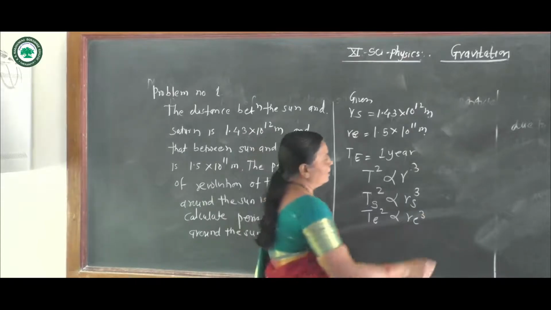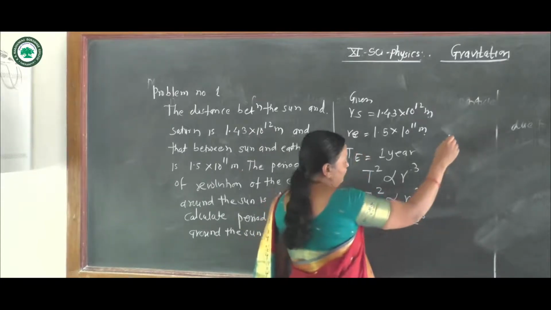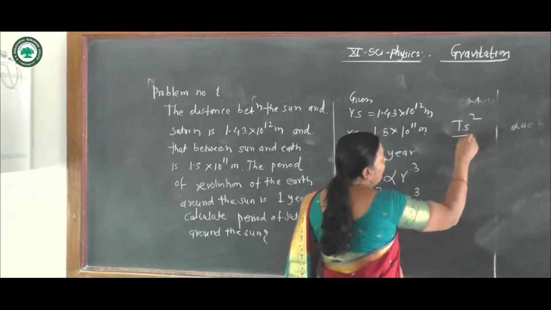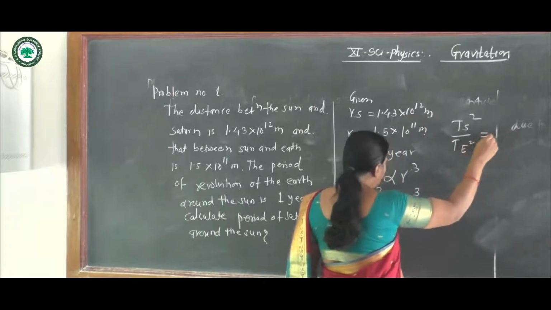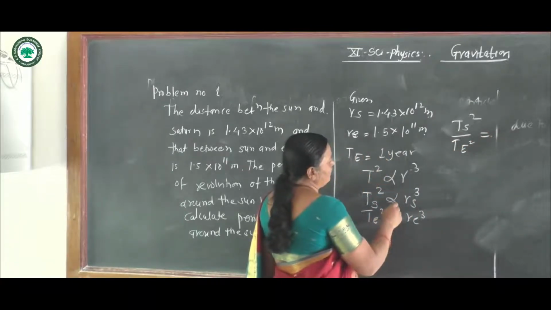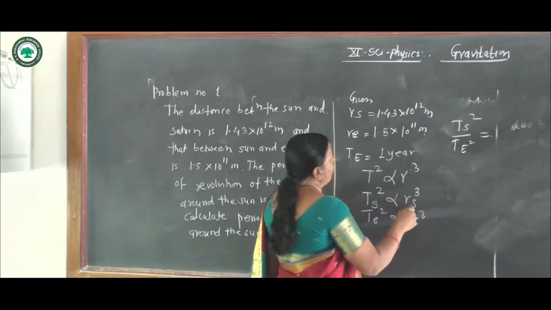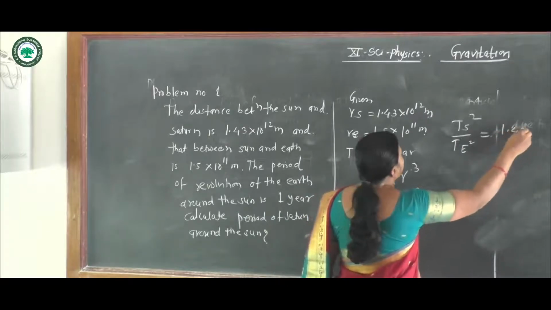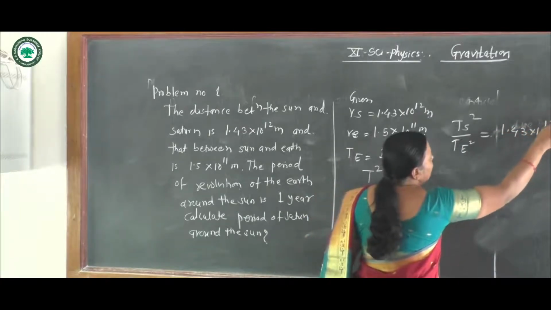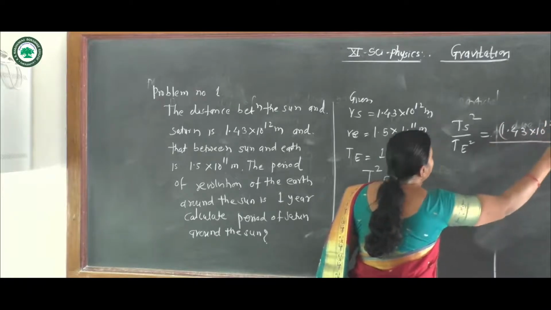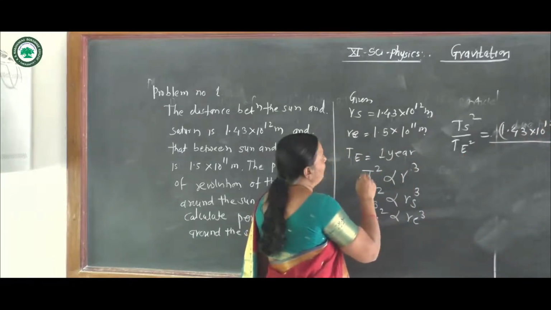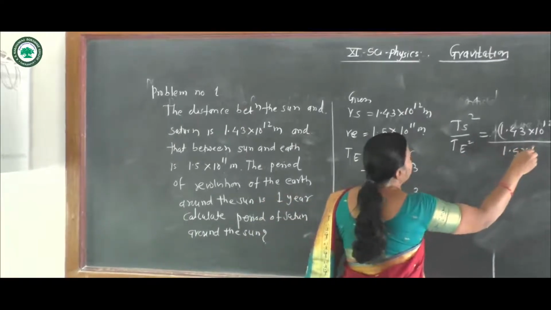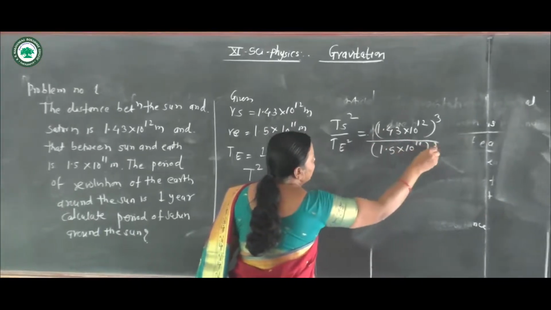Now take the ratio of these: Ts square by Te square is equal to, substituting the values, the constant k gets cancelled, Rs is 1.43 into 10 raised to 12, bracket cube, divided by Re, which is 1.5 into 10 raised to 11, bracket cube.